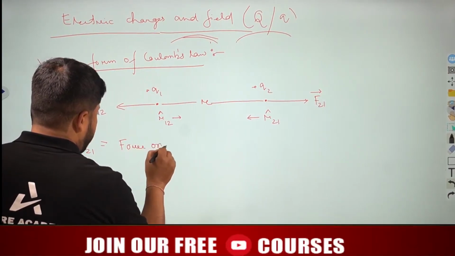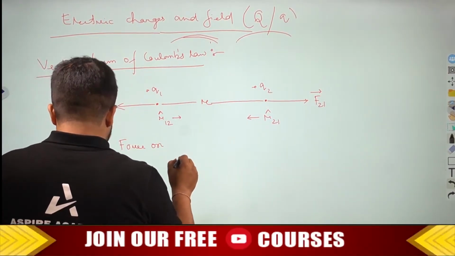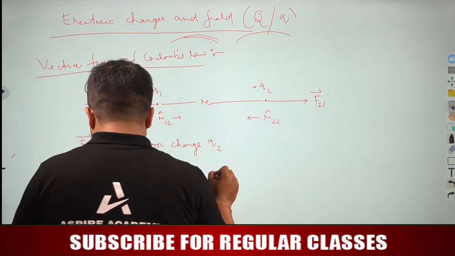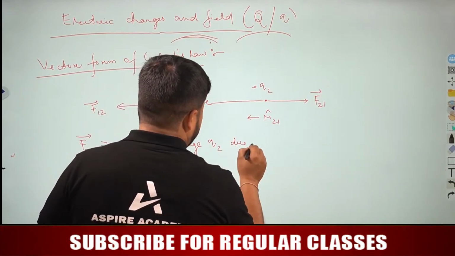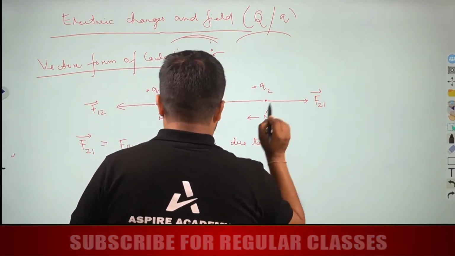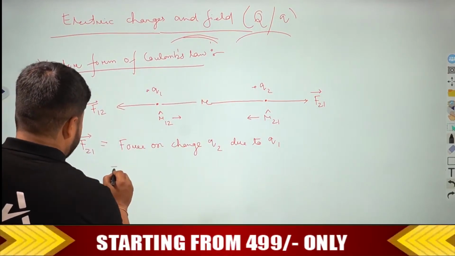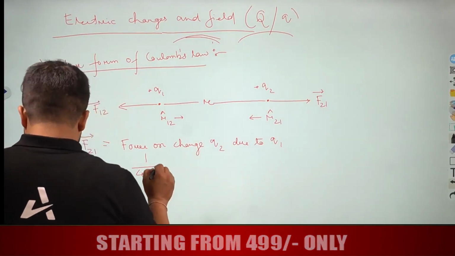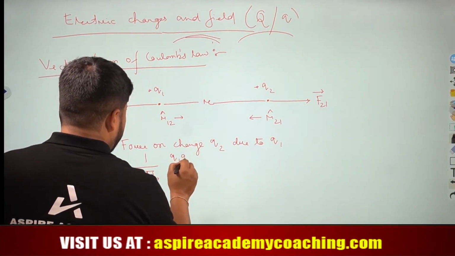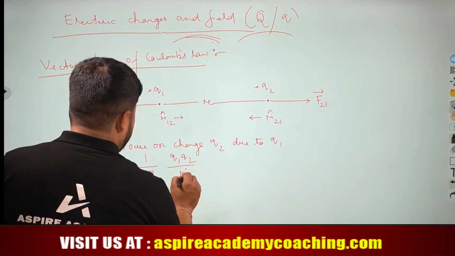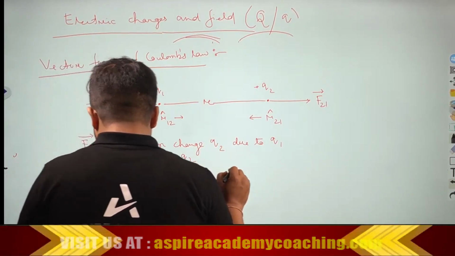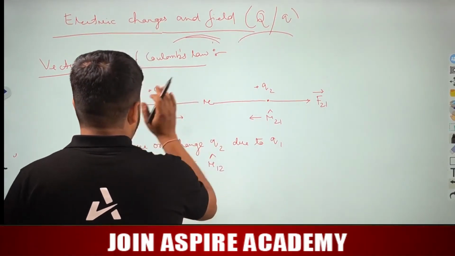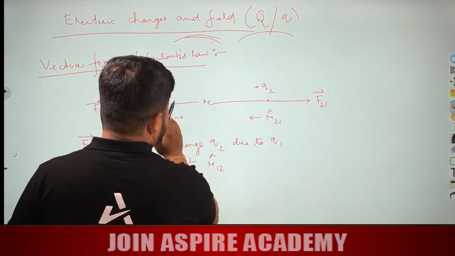The force on charge Q2 due to Q1. We already know how to represent the force: 1 by 4 pi epsilon naught Q1 Q2 by R square. What is the direction here? The direction is R12 cap for F21, from here to here.